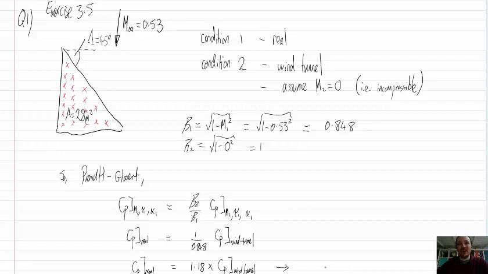So similarly, you can put CL real equal to 1.18 times the CL value in the wind tunnel. I'm going to scroll down if I can.